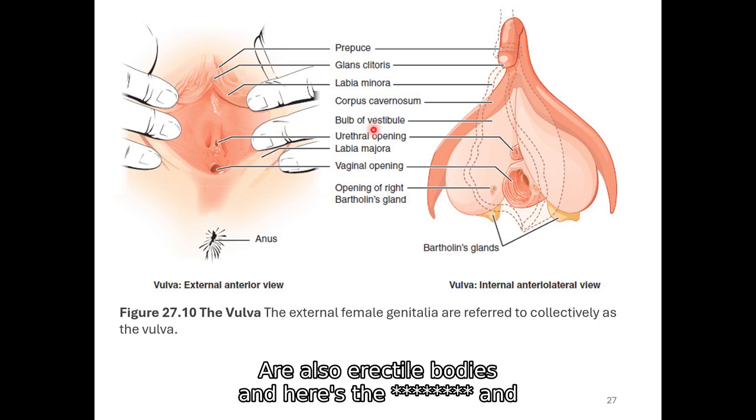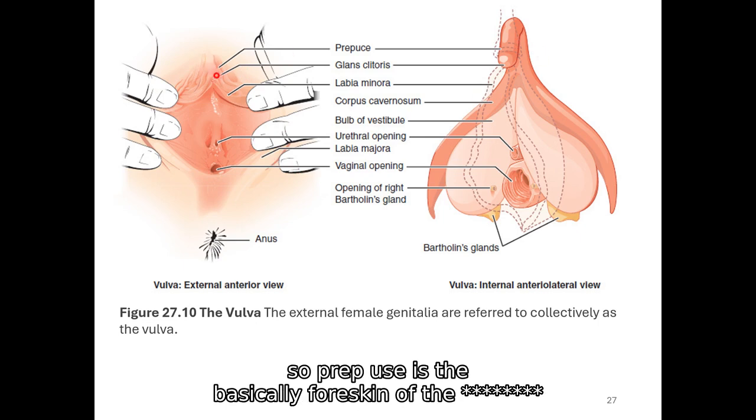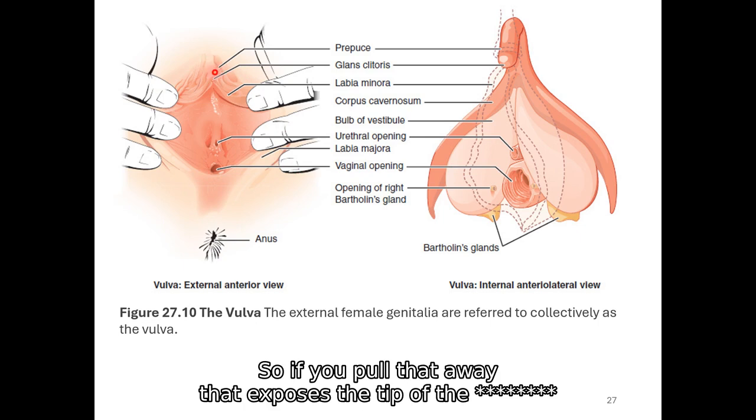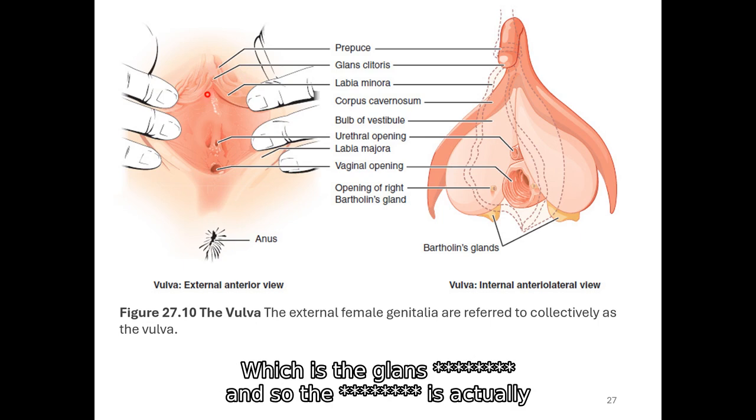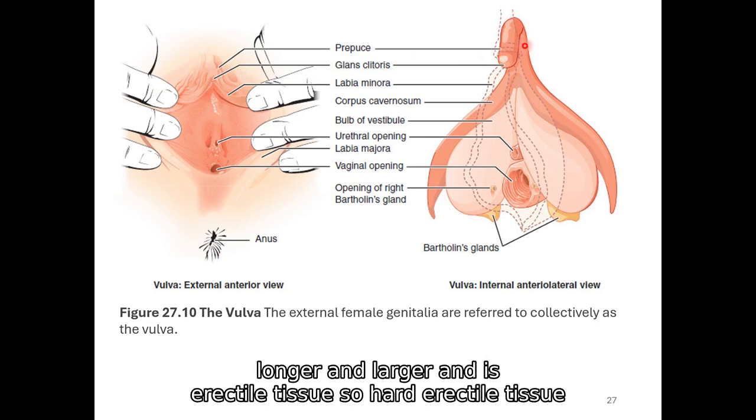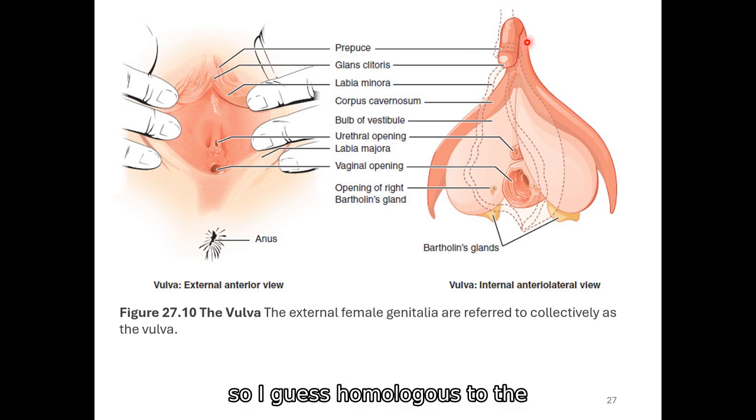Underneath the labia are also erectile bodies, and here's the clitoris, and so the prepuce is basically the foreskin of the clitoris. So if you pull that away, that exposes the tip of the clitoris, which is the glans clitoris. And so the clitoris is actually longer and larger and is erectile tissue, so hard erectile tissue.